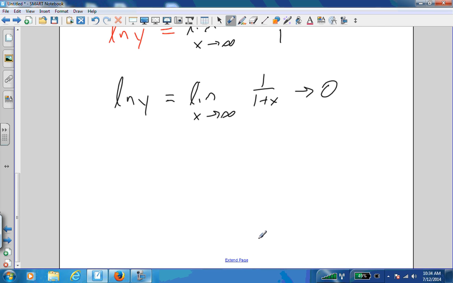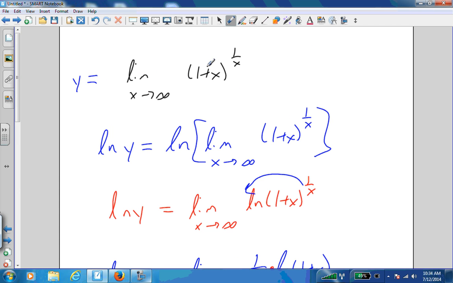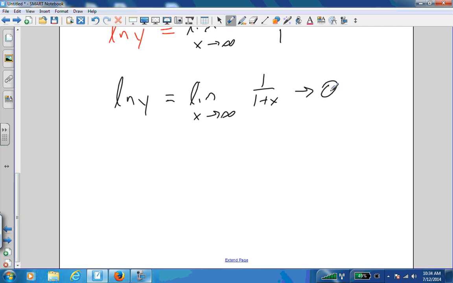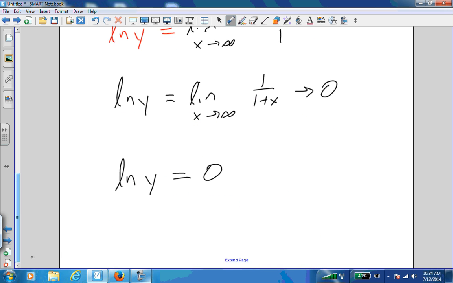Now we have to be a little careful, because that 0 is not the answer to our original limit. That 0 is what the natural log of our original limit is. Remember, we called our original limit y. We want to find out what y is, and y is going to be our actual limit.